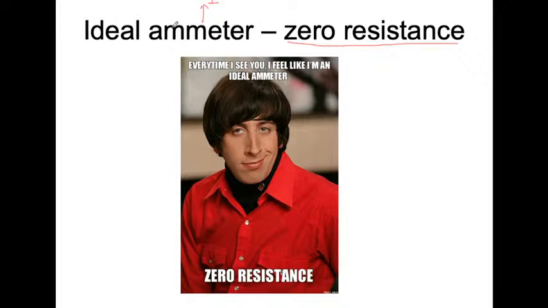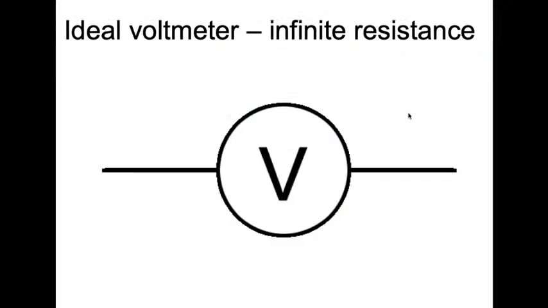In order to read the current flow, we need to throw the ammeter directly in the circuit, but if we have a high resistance on that, it's going to actually change the amount of current that's experienced, and it's going to provide a potential difference drop. So an ideal ammeter has zero resistance, just like Howard.